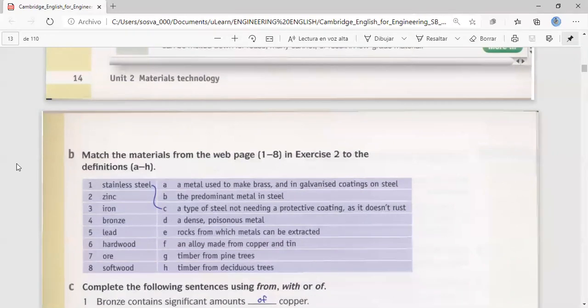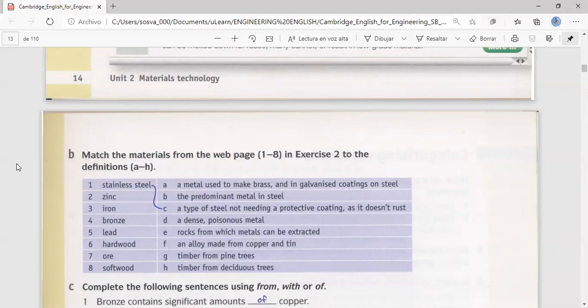So we have here numbers and letters, and the idea is that you're going to match the definition of the material. For example, number 1 says, what is stainless steel? Stainless steel is a type of steel not needing a protective coating as it doesn't rust. That means no se oxida.